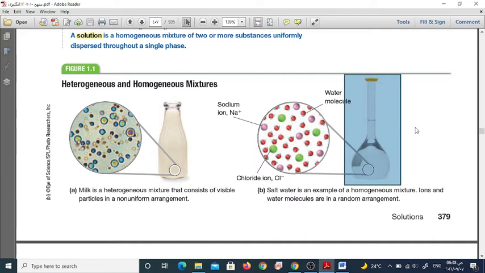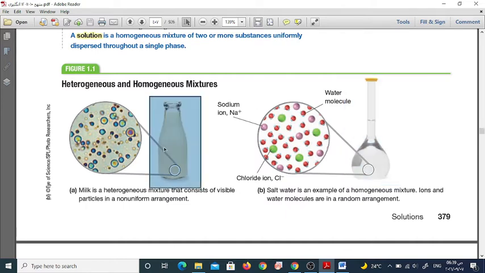You will find the small white crystals of sodium chloride disappear. This tells us that the sodium chloride is dissolved in water and you will get a homogeneous solution. You will not find any particle in that solution.